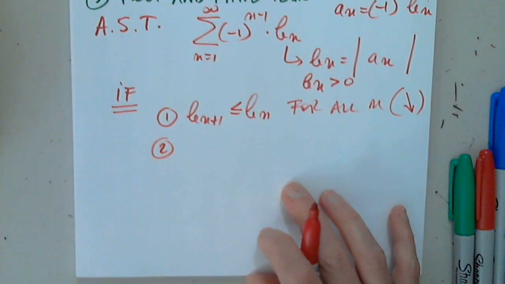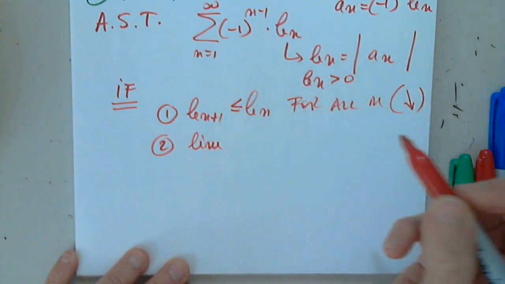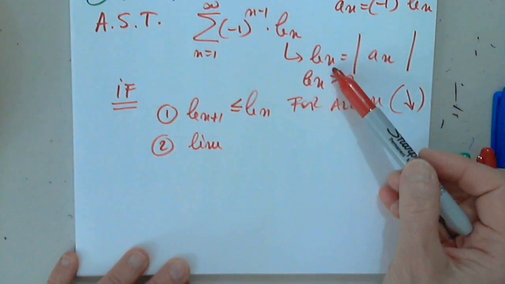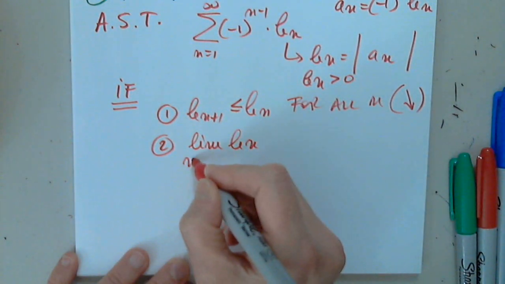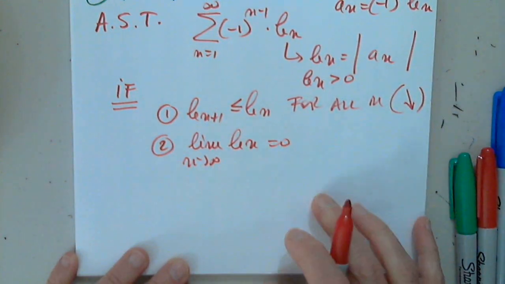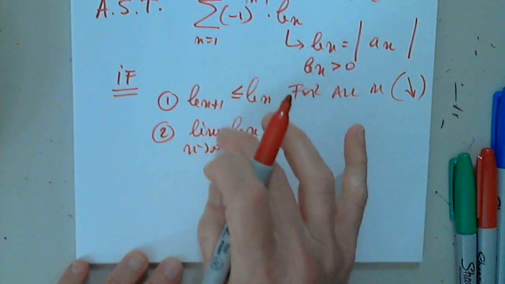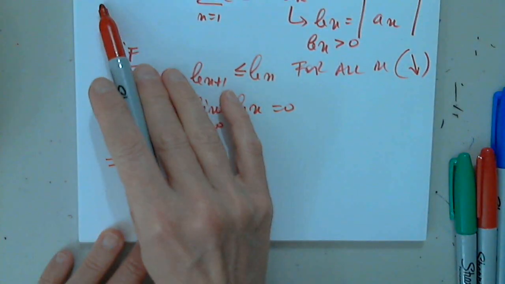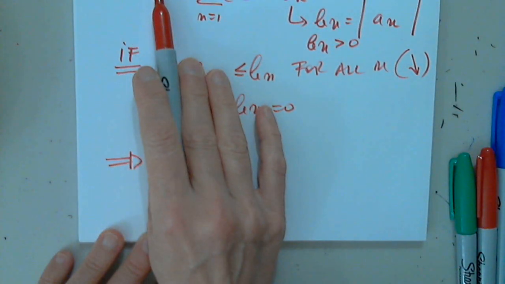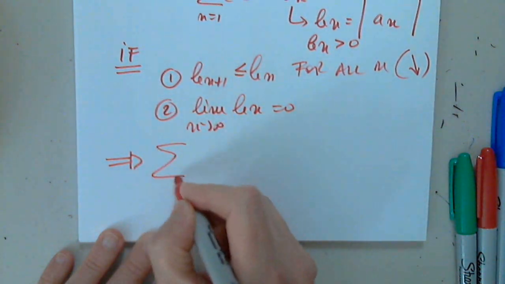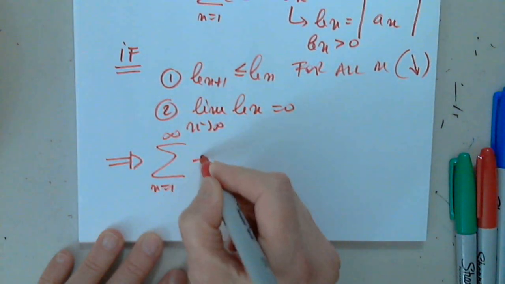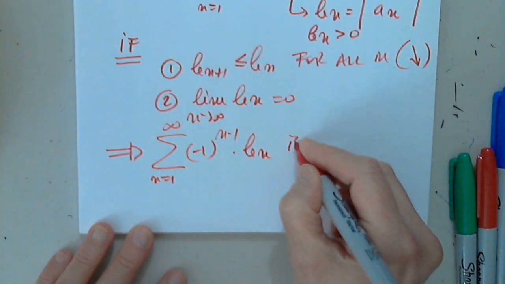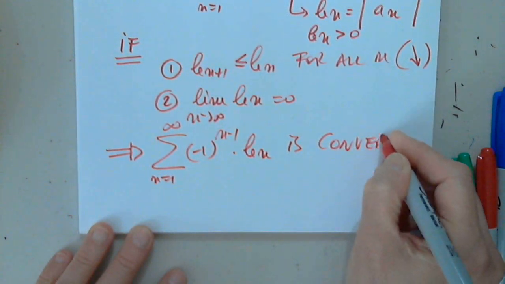The second condition is that the limit of the absolute value of the general term, which is the limit of b_n as n approaches infinity, is 0. If these two conditions are fulfilled, then we conclude by the alternating series test that the series (-1)^(n-1) times b_n is indeed convergent.